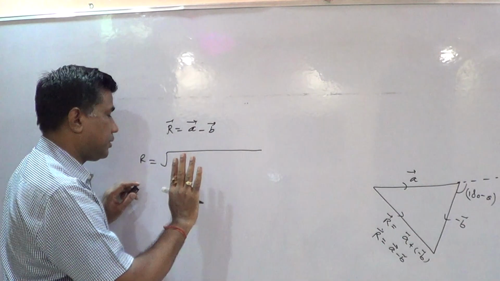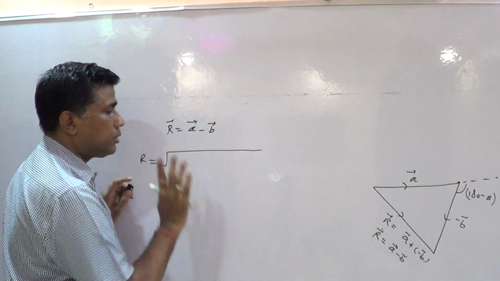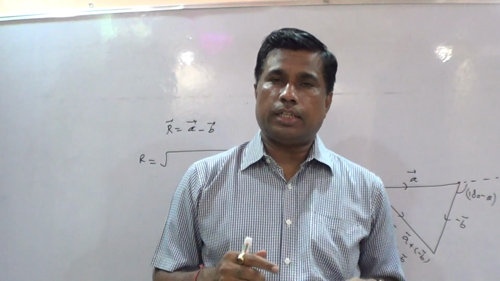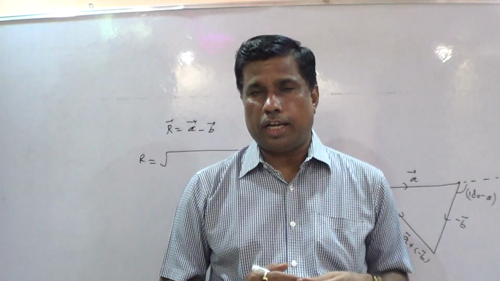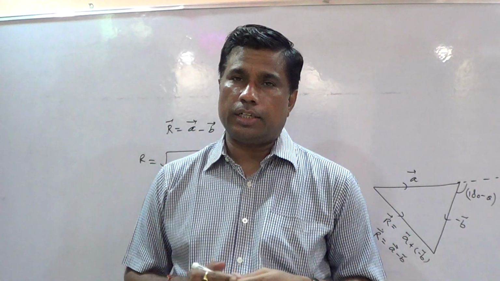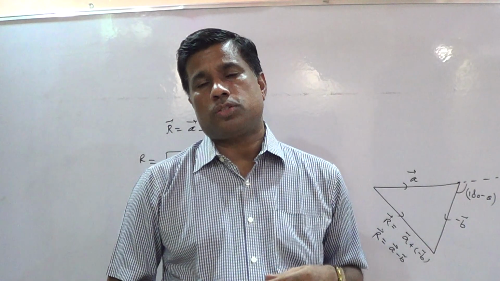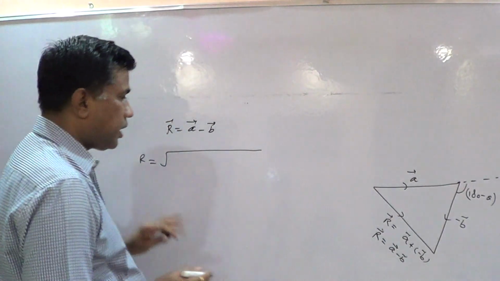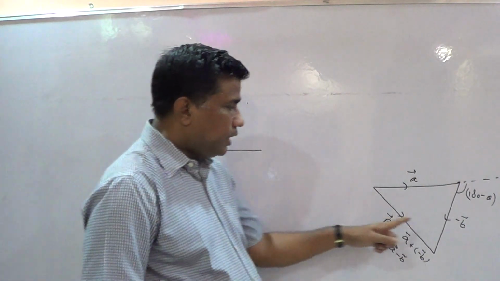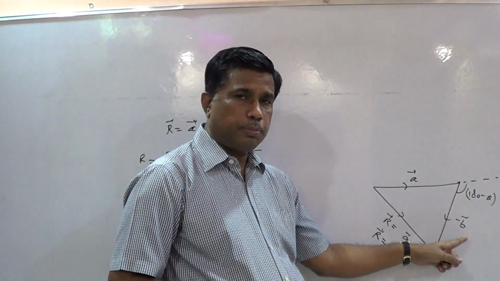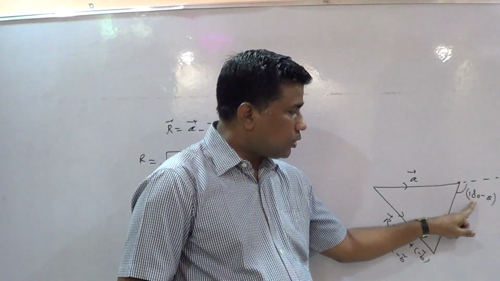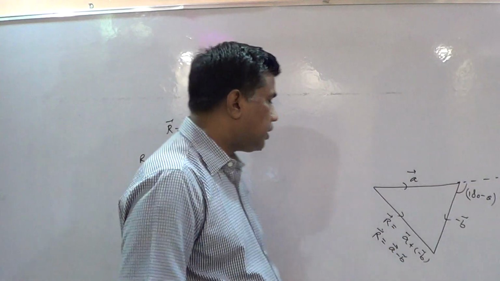Don't think like this. We have to use the formula we have derived in live classes, that is, if there are two vectors a and b acting at angle theta, then the resultant is under root a square plus b square plus 2ab cos theta. But in this case, there is no addition of b, there is addition of minus b. But the angle is also not theta, it is 180 minus theta.